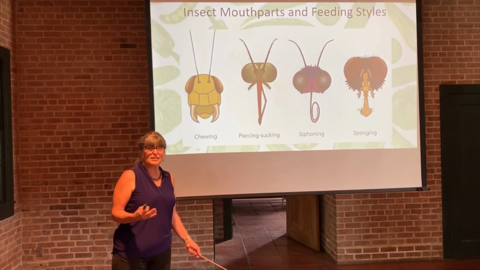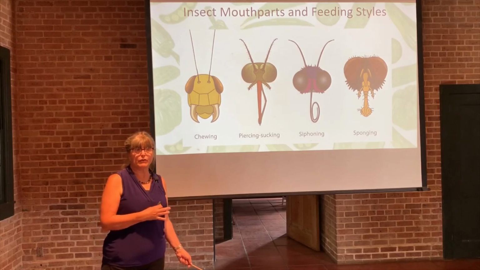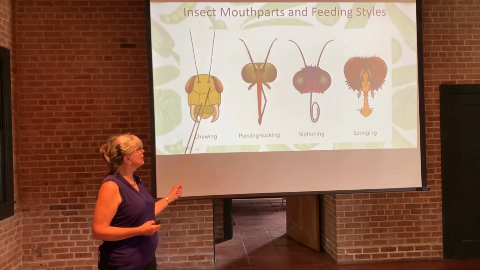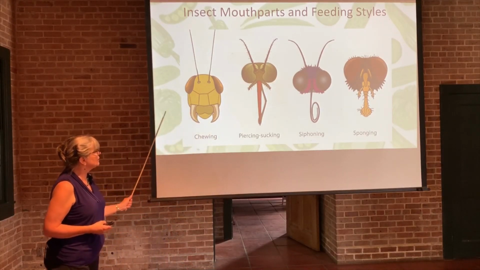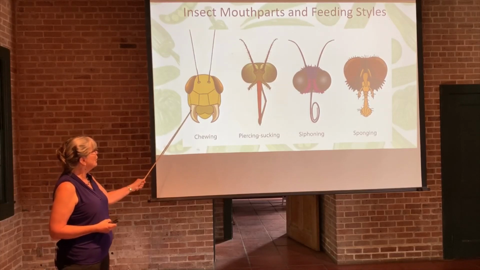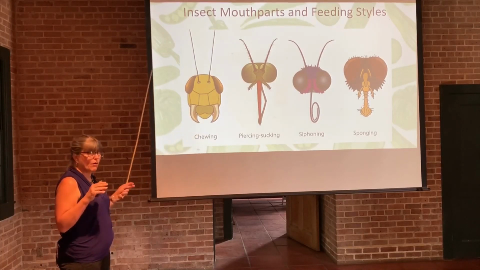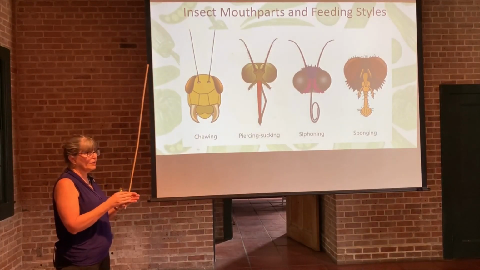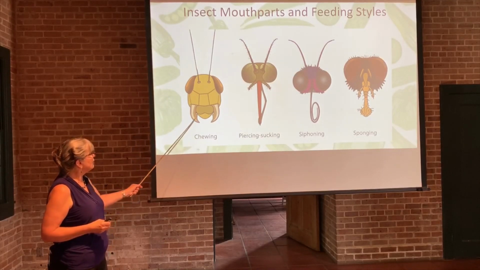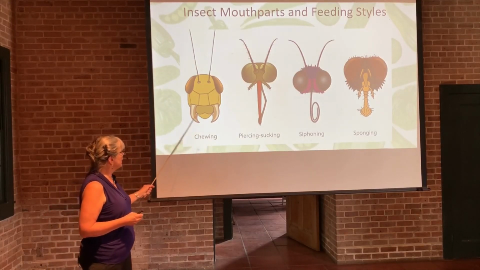Okay, we just talked about several different kinds of mouth parts, looking at the different orders. And here is a really great picture of these different types of mouth parts. Chewing, where they can actually grab part of a plant or whatever it is they're eating and bring it into their mouth, chewing it up.